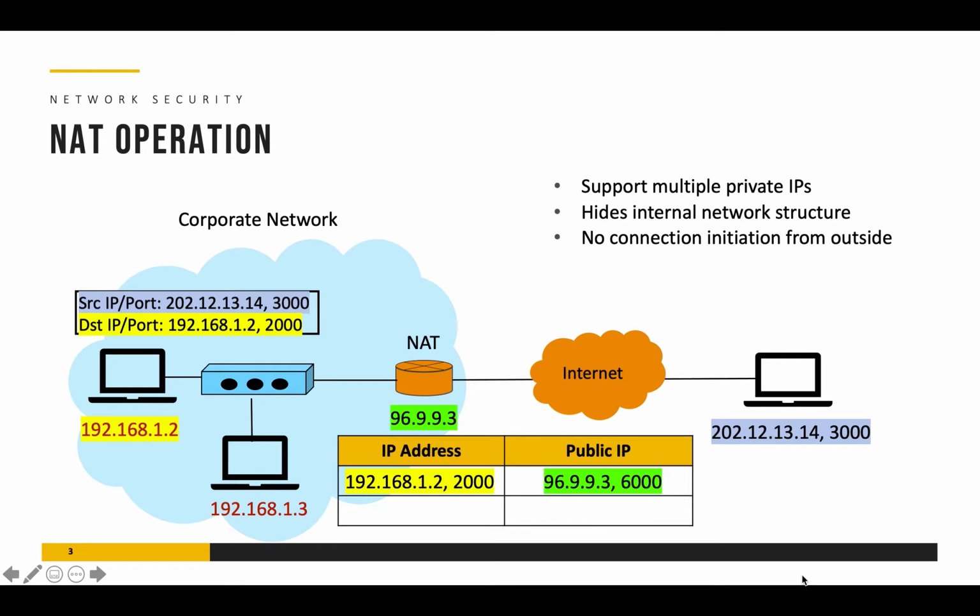It hides the internal network structure, because if an outsider cannot even know the IP addresses of internal systems, then obviously the internal network infrastructure is secure and hidden. And it also does not allow connection initiation from the outside. Based on these three key properties, NAT offers tremendous advantages in terms of reusability of a single public IP address, in terms of hiding internal network structure, and preventing connection initiation from the outside.